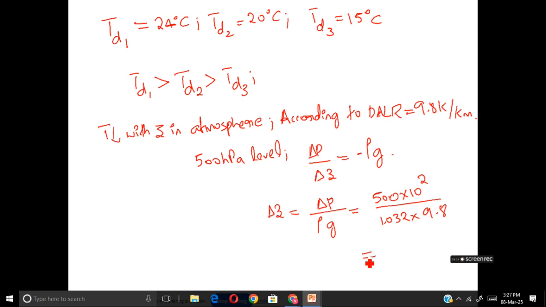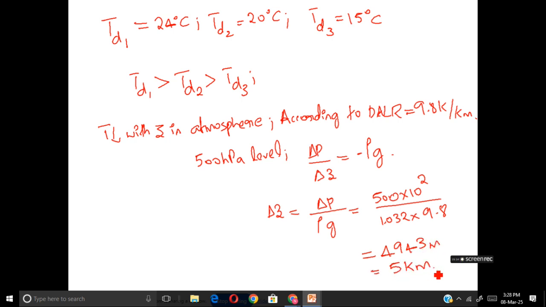What will be the height at pressure level 500 hectopascal? It will be around 4,943 meter, approximately 5 kilometers.